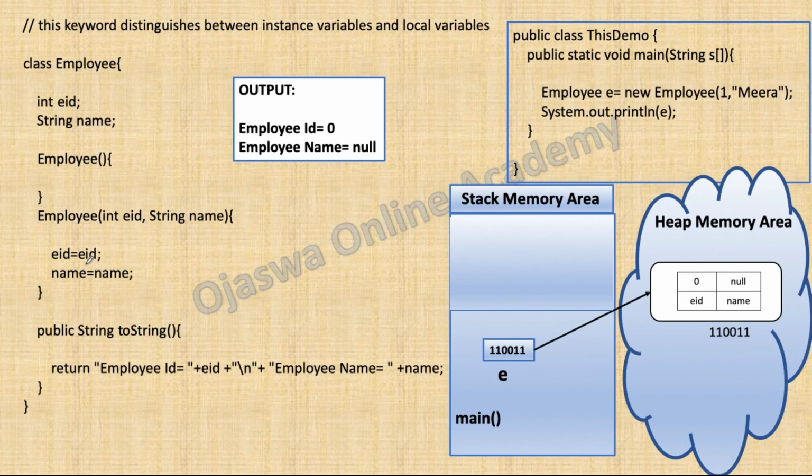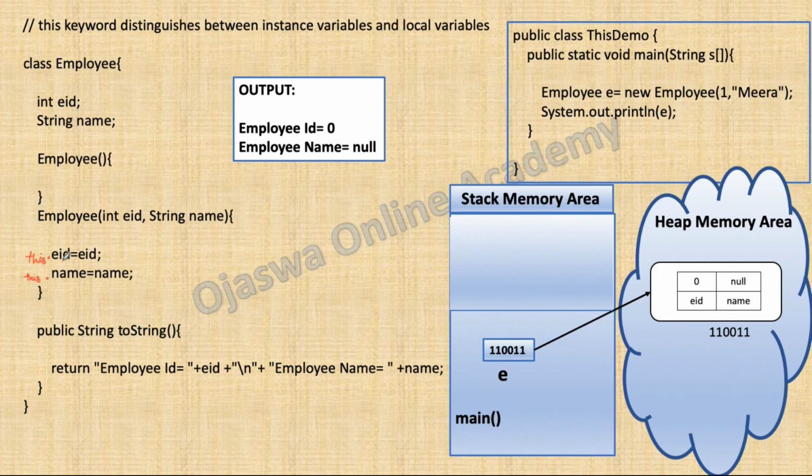By using the this keyword, you can distinguish between instance variables and local variables. So wherever your instance variables are, you will write this.eid and this.name.